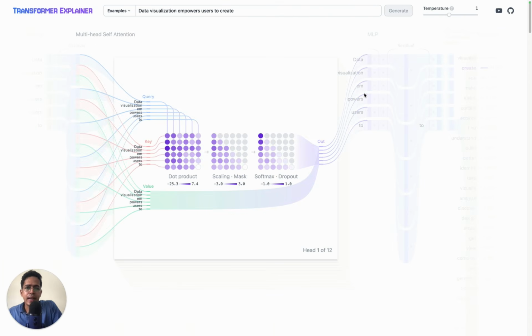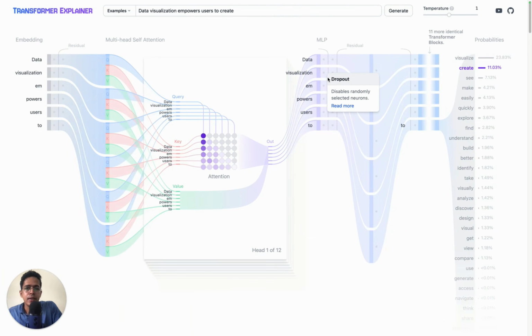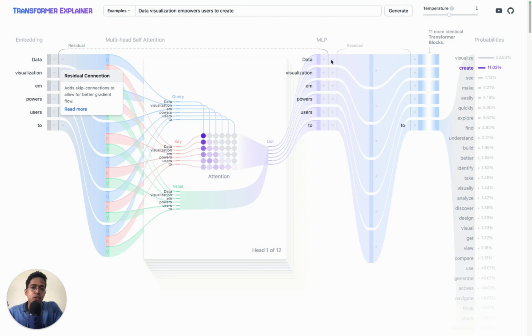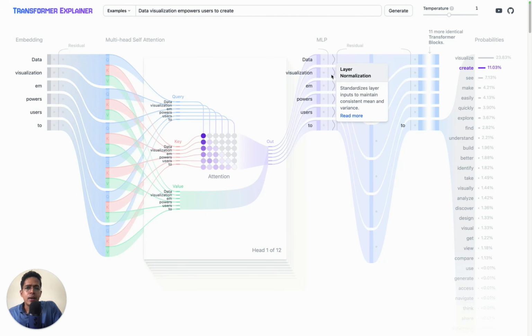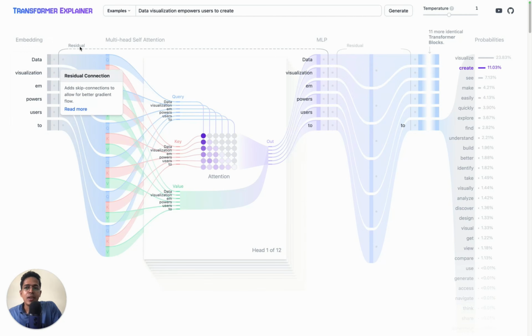Let us go into the interactive module just to see what's happening here. In the multi-layer perceptron, I'm skipping some details like dropout and this residual connection. It is a very important concept. The residual connection helps the gradient flow better when gradient descent happens from the output to the input.